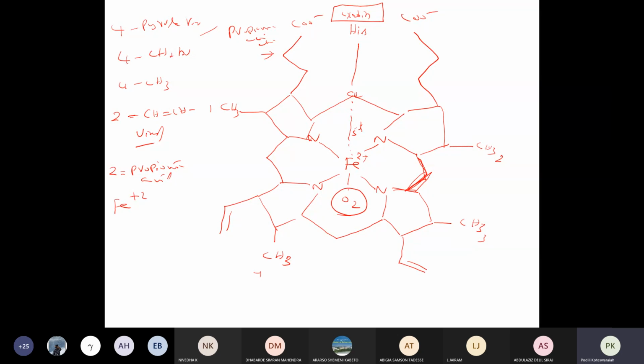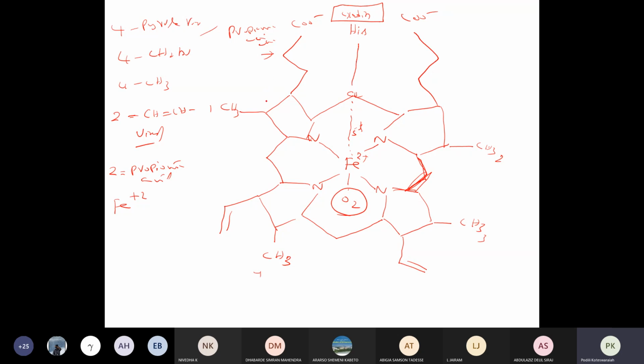In Fe plus 2 state, it can form 6 coordination bonds, and 4 valencies are occupied by the 4 nitrogen atoms of the pyrrole rings, and the 5th valency is satisfied by the histidine nitrogen of the globin chain, and the 6th coordination site is meant for the O2 binding.